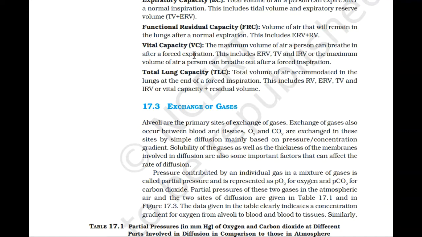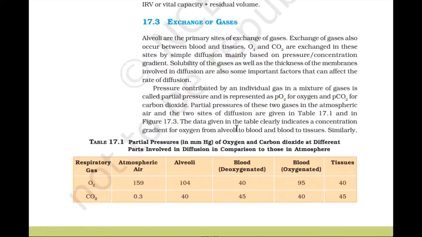This includes ERV plus IRV plus TV. Total lung capacity, TLC: total volume of air accommodated in the lung at the end of a forced inspiration. This includes RV, ERV, TV, and IRV, or vital capacity plus RV, residual volume.